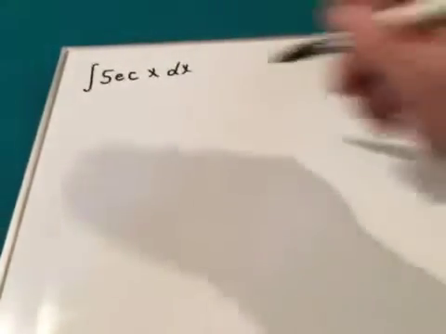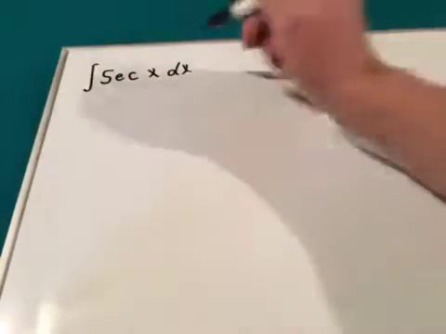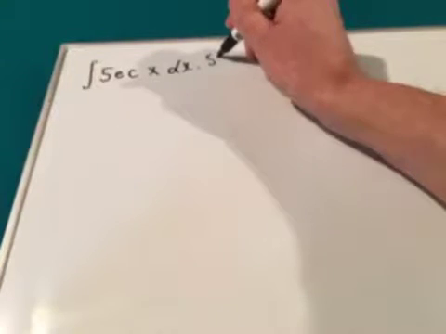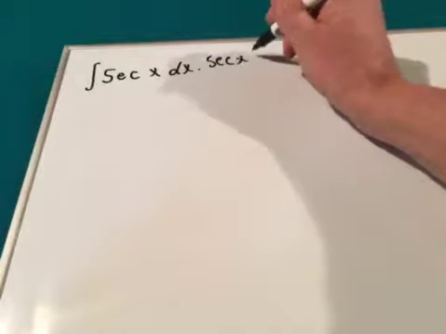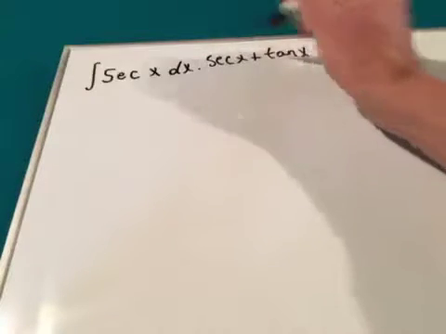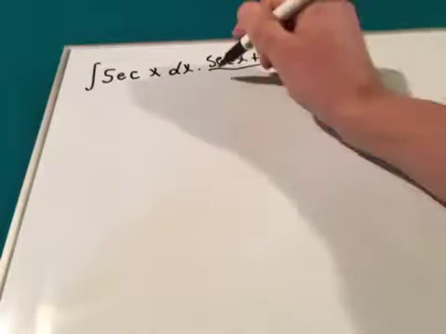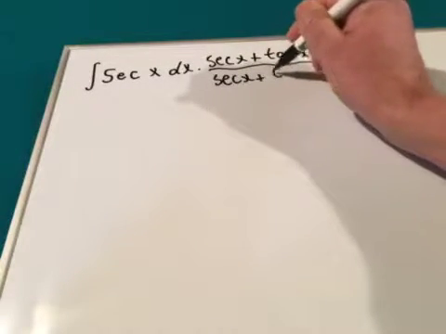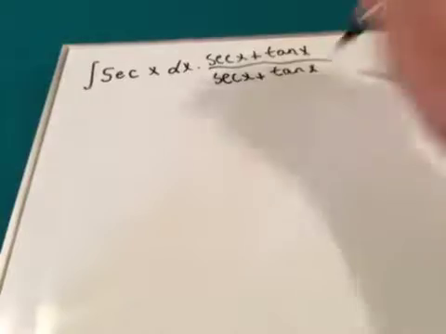How about we multiply this integral by secant x plus tangent x, all over the same thing, all over itself, secant x plus tangent x.